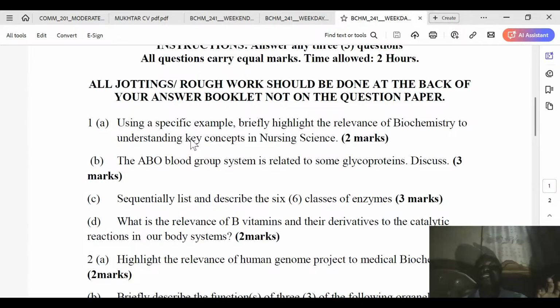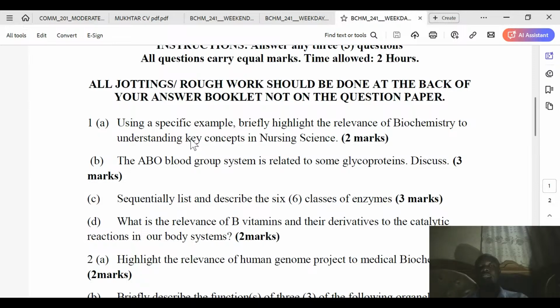For blood group B, there is galactose. For blood group AB, they have both N-acetyl galactosamine and galactose. And for someone with blood group O, both are absent.